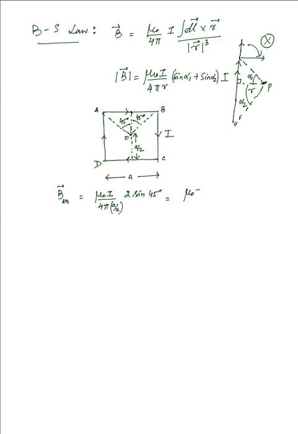So this is mu naught times I. A 2 can get cancelled over here to give a 2, and another 2 can get cancelled over here with the 2 above, and so we have mu naught I over pi a. Now sine 45 is 1 over root 2, so that stays.